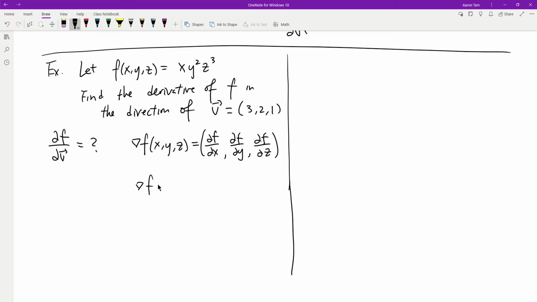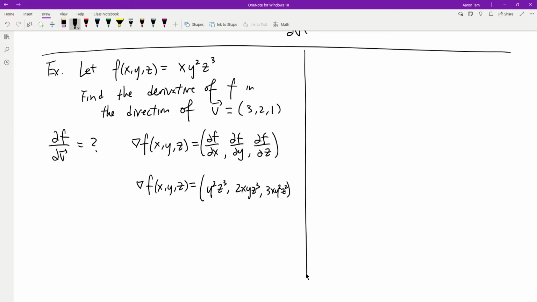So the gradient of f of x, y, z, and sometimes I just write gradient of f without the parentheses x, y, z, because it's understood that it has an input, would equal y squared z to the third, df over dy would be 2xyz to the third, and df over dz would be 3xy squared z squared. All right, so that's my gradient.